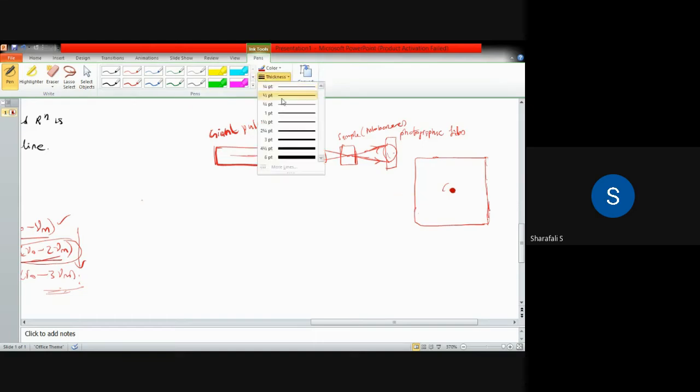Then we have the next line, and the next one will be, I think, an orange color. So something like that.